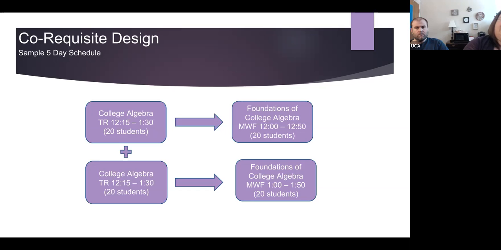And so to get 40 students through college algebra and foundations, it takes 9 hours of our faculty load. That's 1 credit-bearing course with 40, and then 2 foundations courses with 20 each. And of course, you've got kids doing hands-on math 5 days a week.